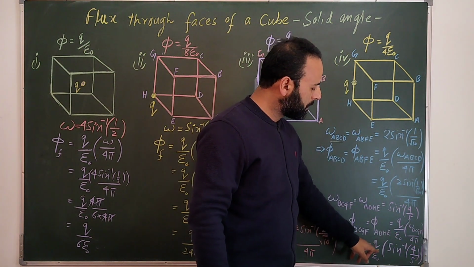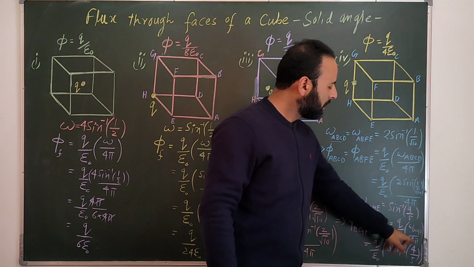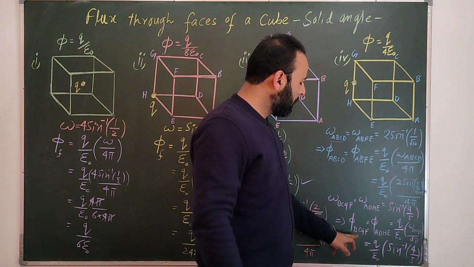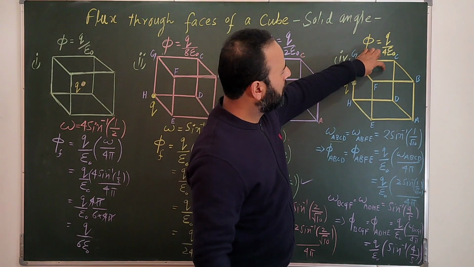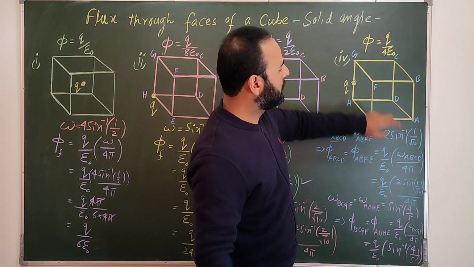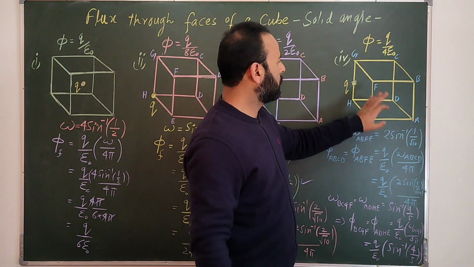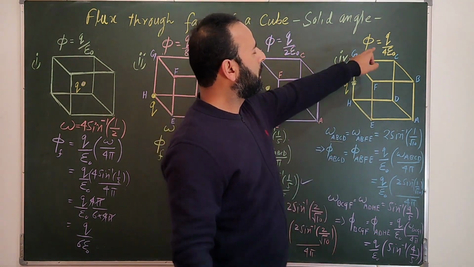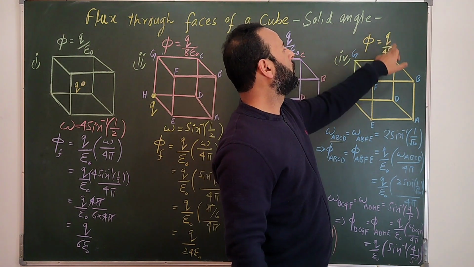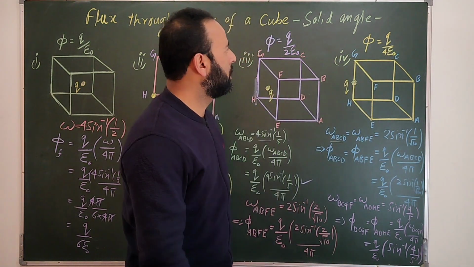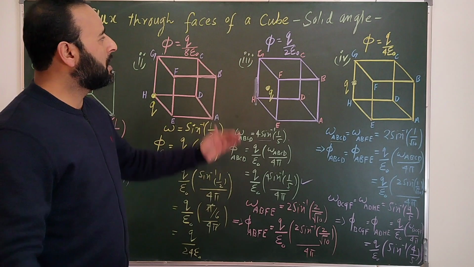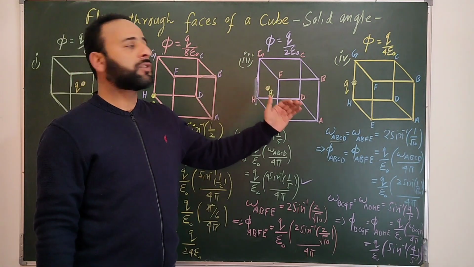So that is Q by epsilon naught sine inverse 4 by 5. Multiplying this by 2, you can get flux through this face and bottom face. Multiplying this by 2, you will get flux through this face and front face. So that will be the total flux, and that total flux should come out to be Q divided by 4 epsilon naught. So this is the summary of all the previous 4 cases.